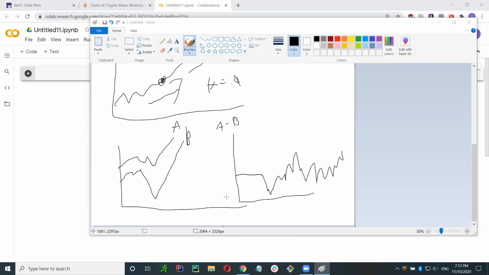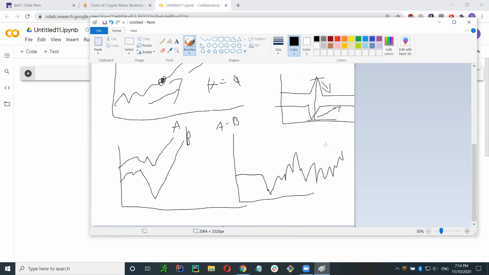But when the spreads diverge, you'd expect them to come back to each other. So here, let me just make a flat series. Maybe it's like this. When the spread becomes this large, you'd expect the spread to decrease.